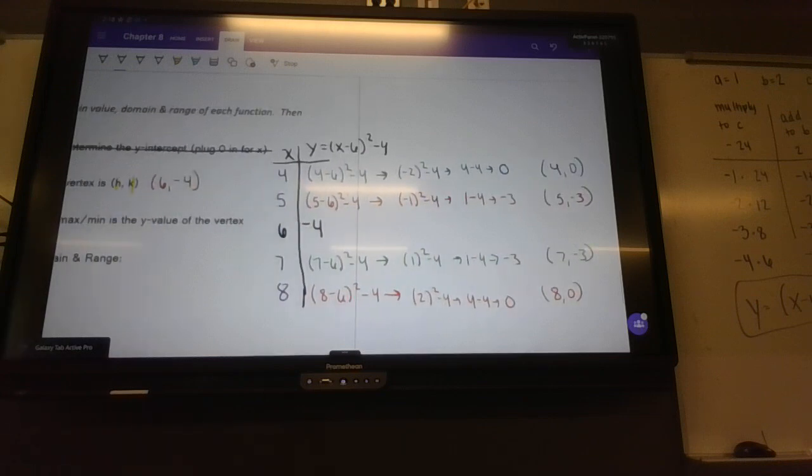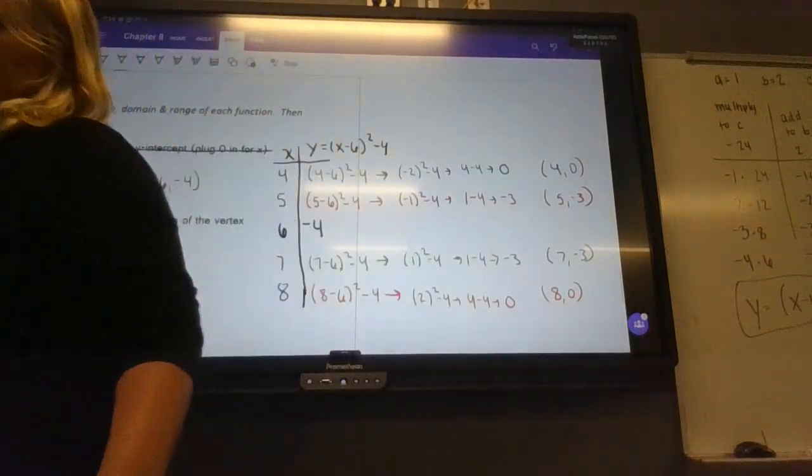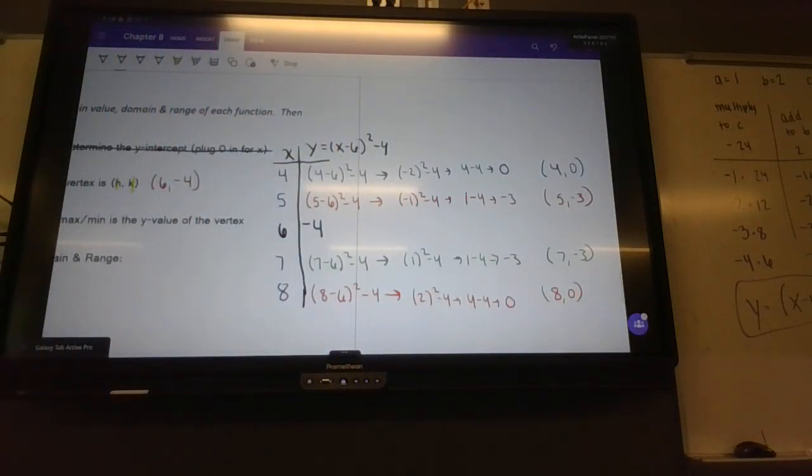Think about domain and range. So positive 4.